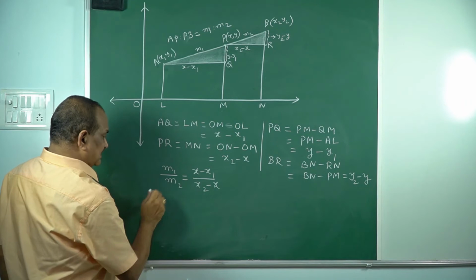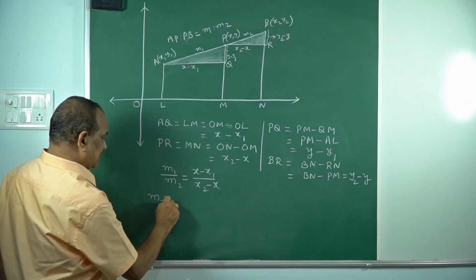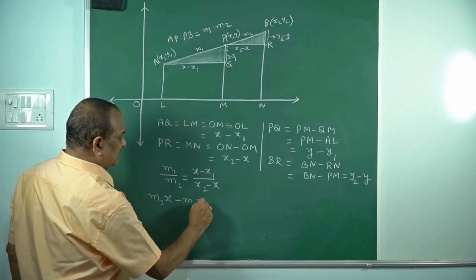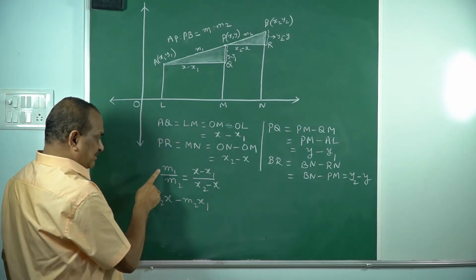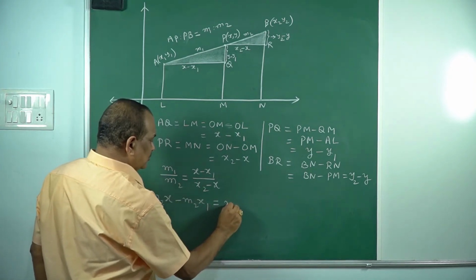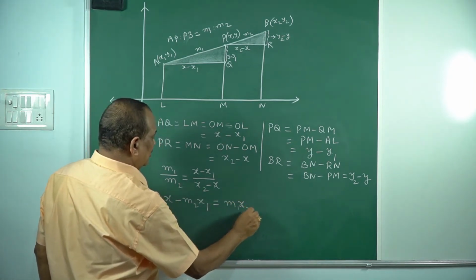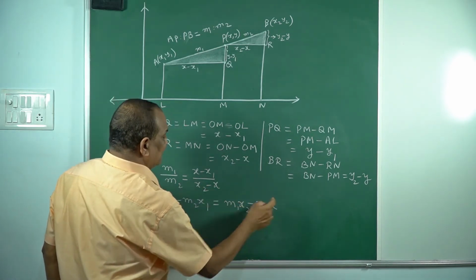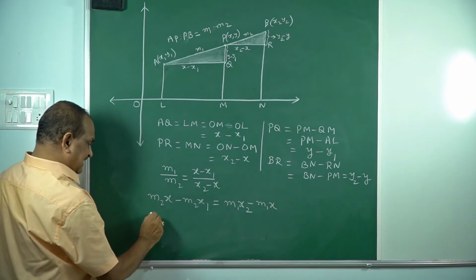Now m2 into x, m2x, m2 into minus x1, minus m2x1, cross multiplication. m1 into x2 is equal to m1x2, and m1 into minus x, minus m1x. Bring this minus m1x this side.